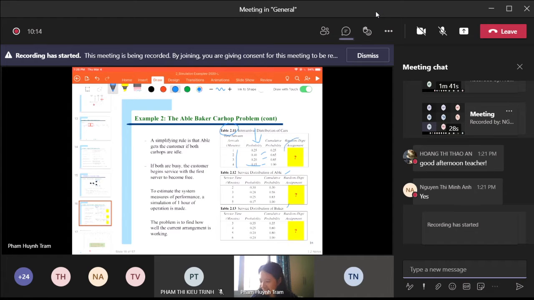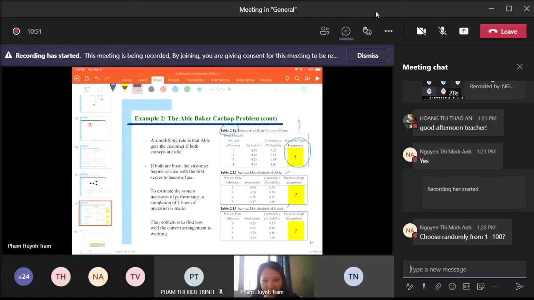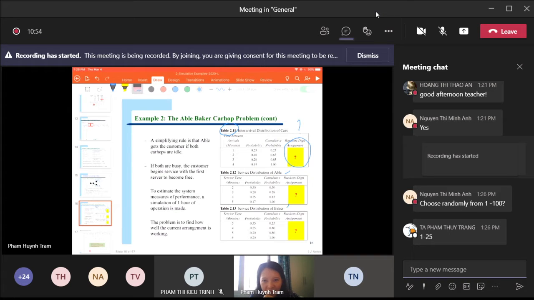Anyone can suggest the random digit assignment in this table? Anyone? Shall I invite someone?